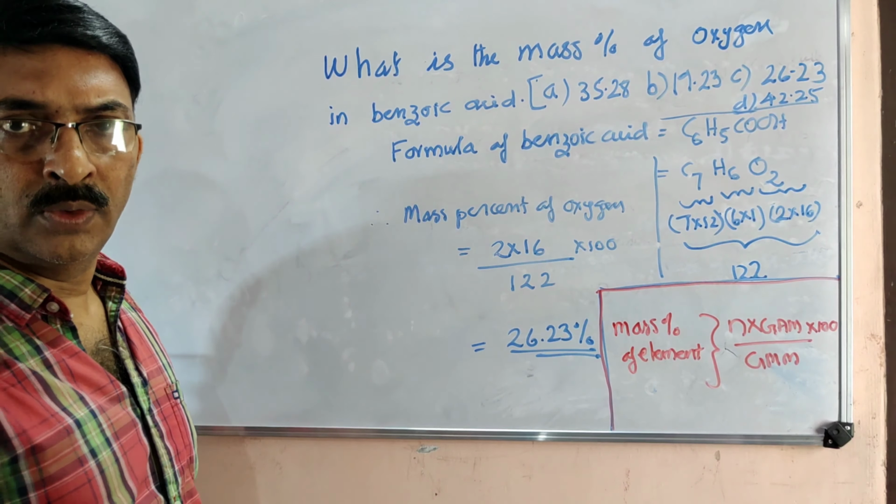For example, in this particular case, a compound having 20% sulfur, what is the minimum molecular mass? You substitute 20 here, 1 here, GAM sulfur 32 into 100. Then you calculate molecular mass, it will be the minimum molecular mass.